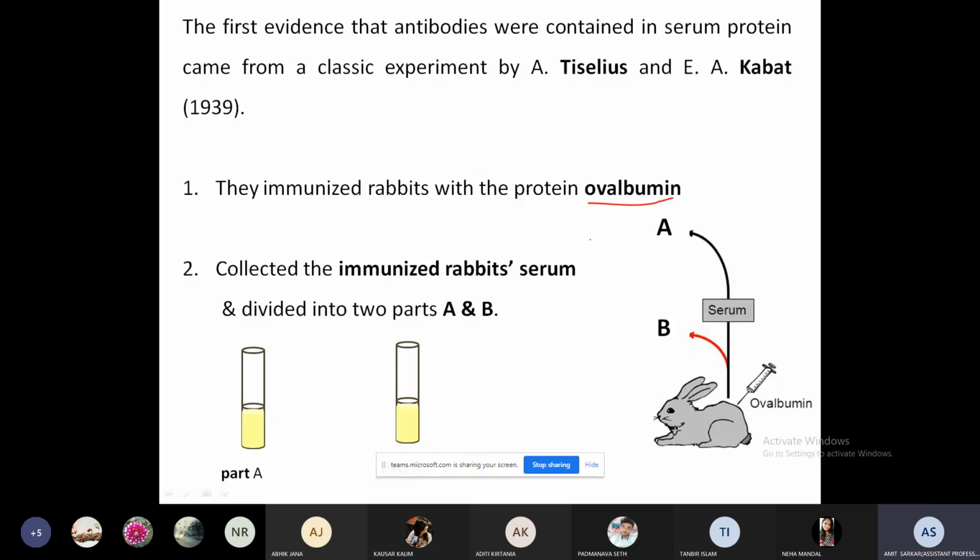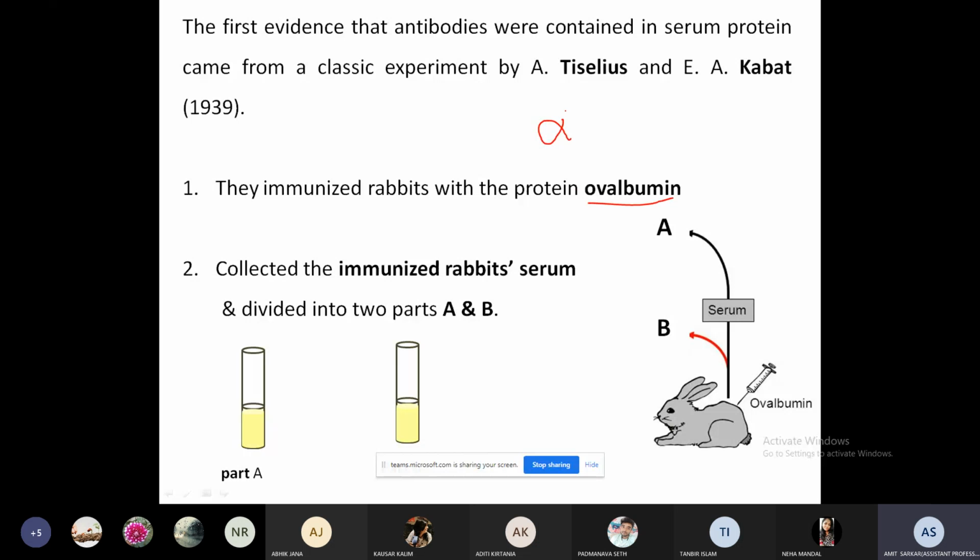They injected, or immunized, rabbits with this protein. Now, ovalbumin is a foreign protein for a rabbit, so very naturally the rabbit's lymphocytes will recognize the ovalbumin as a foreign protein, and what is expected is that they will produce anti-ovalbumin antibody.